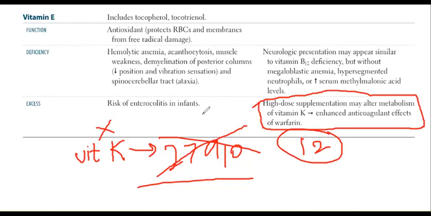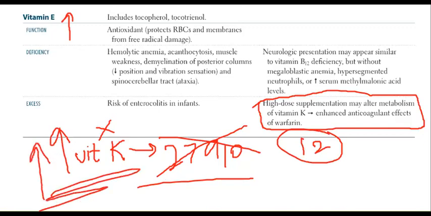Okay, so what does vitamin E do? If we give a higher dose of vitamin E to the patient, it will affect the activity of vitamin K, and when vitamin K activity is altered, it will enhance the anticoagulant effects of warfarin, because fewer of these coagulation factors are made.